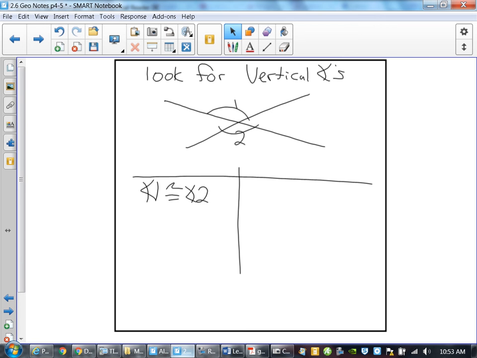And the reason behind this is always going to be the same: vertical angles are congruent, okay? Like I said, it's not something that's going to show up a ton over the course of the next week or so, but it is really important when we get to the few proofs that we do in chapter 3, and then big time in chapter 4, okay?